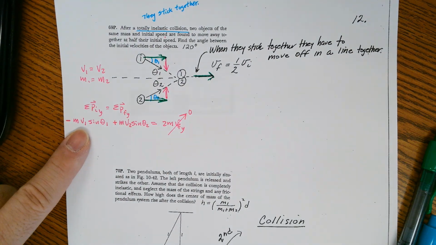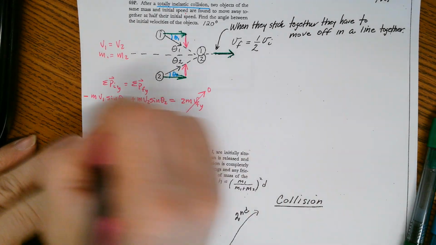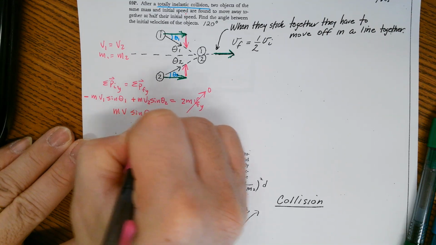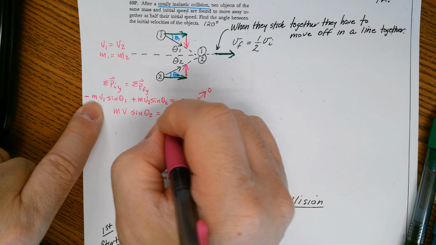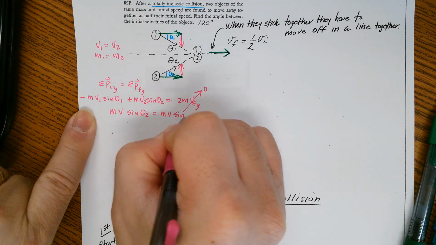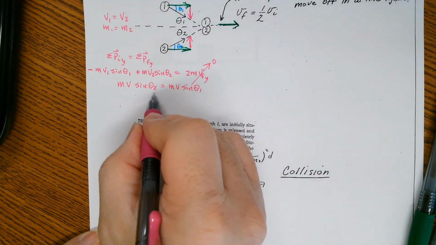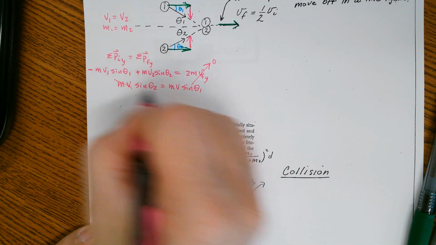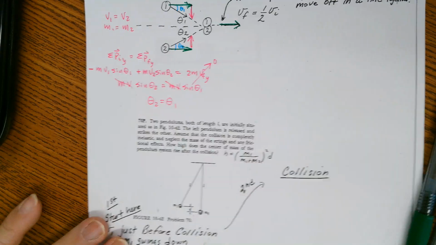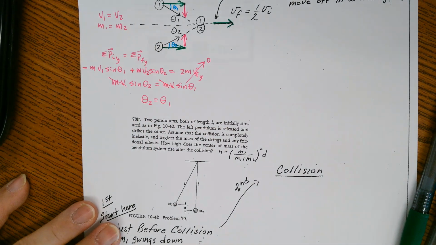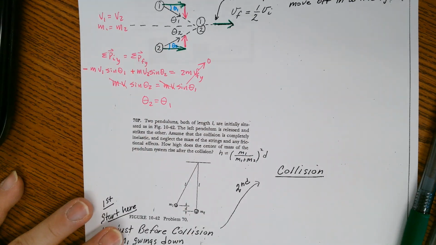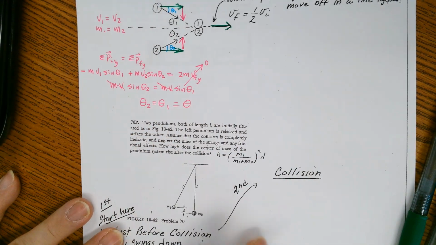So we can say that mv sine of theta 2 must equal, bringing this to the other side, it becomes positive, mv sine of theta 1. This concludes that mv and mv can cancel out. Theta 2 must equal theta 1, because if sine of theta 2 is equal to sine of theta 1, then theta 1 has to equal theta 2. So I'm going to just call that theta.